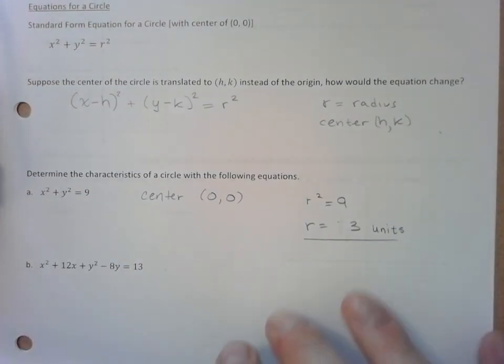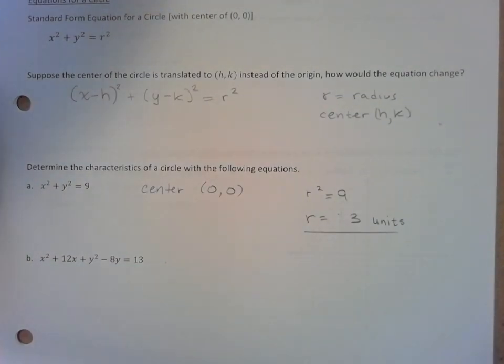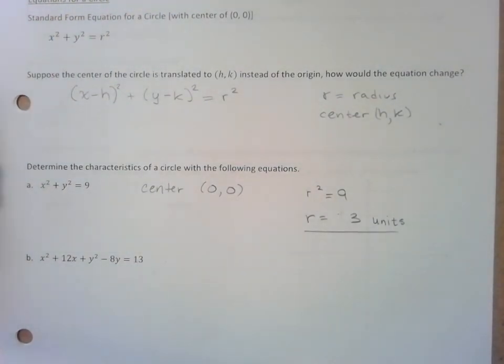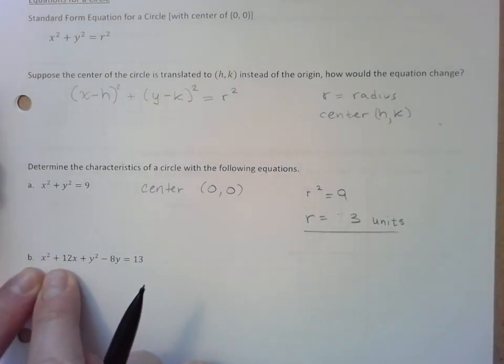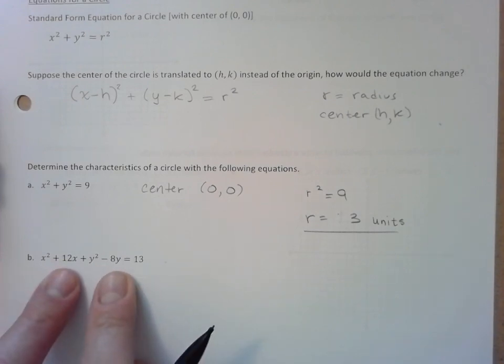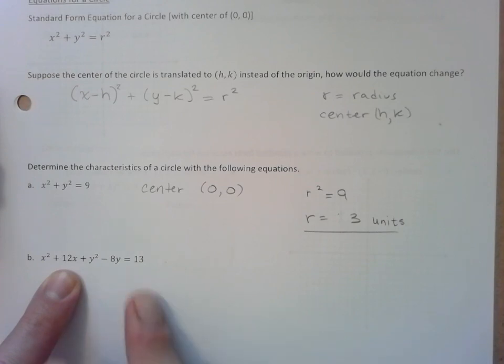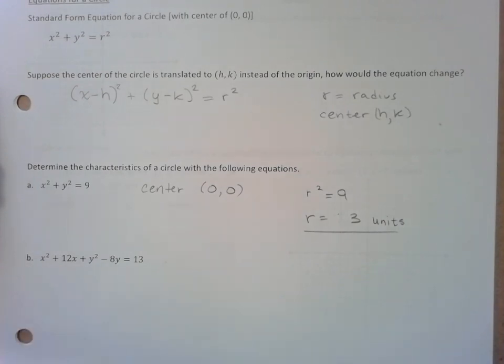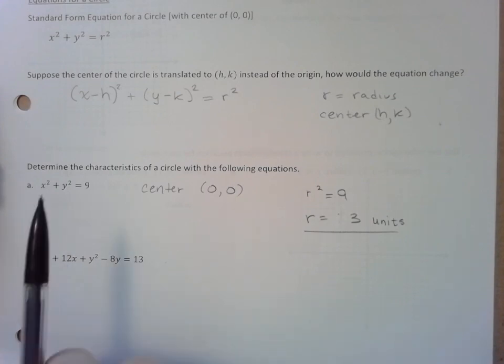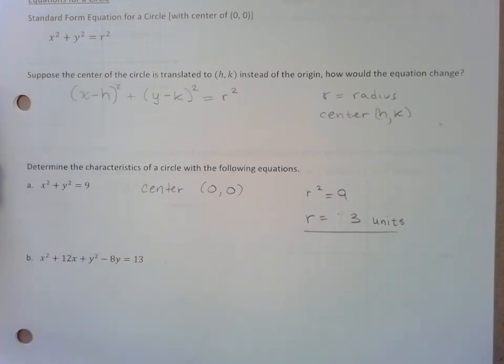When I go down to question B, I notice that this formula does not look the same as anything that I've seen yet before. I do have an x squared with no constants next to it. I do have a y squared. Then I have these other terms, and I'm wondering why this looks so different than the rest. How can I analyze this sort of equation that doesn't look like the standard form equations that I have up here?